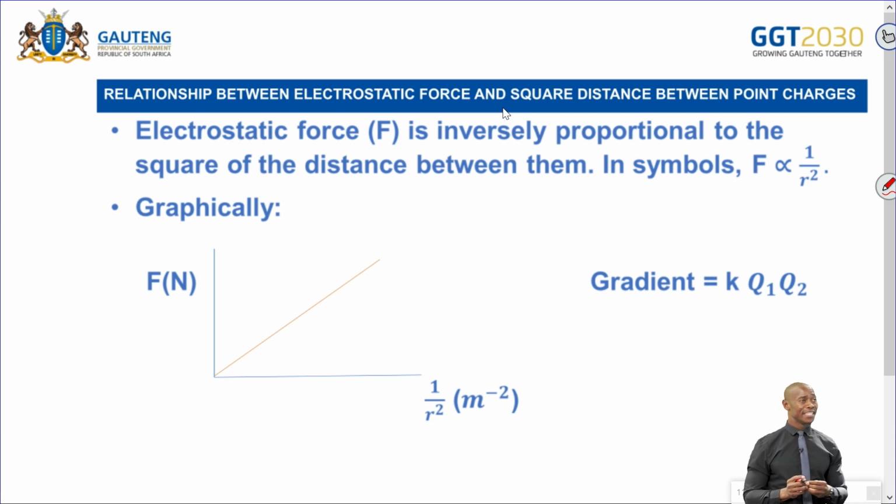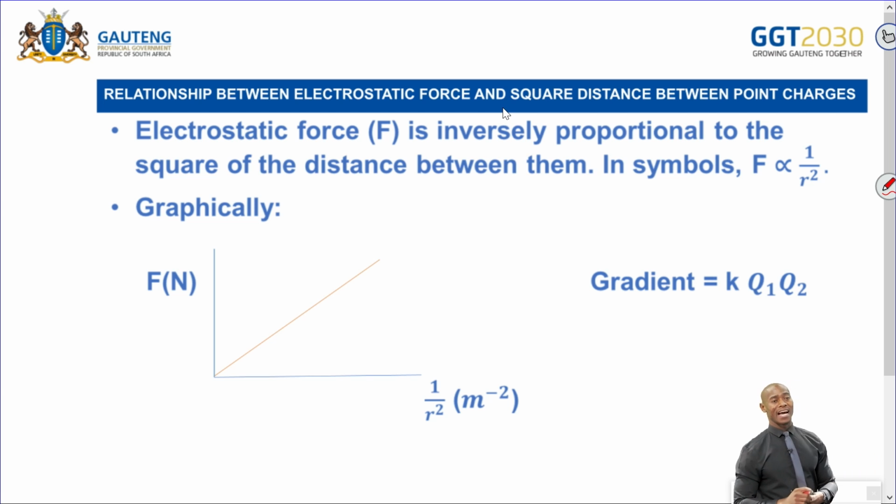This is the graph that shows direct proportionality between F and 1 over R squared.